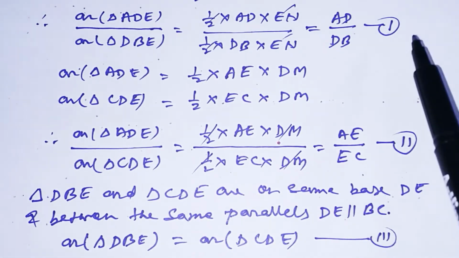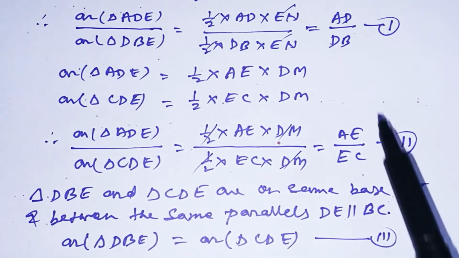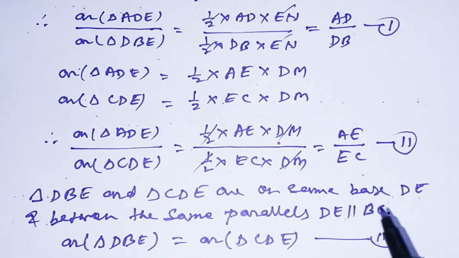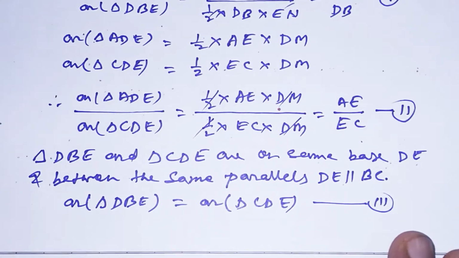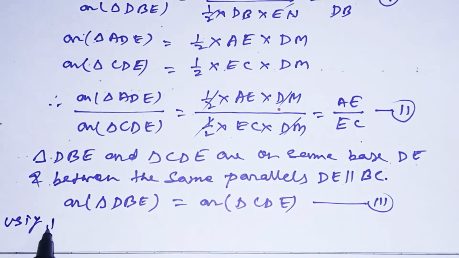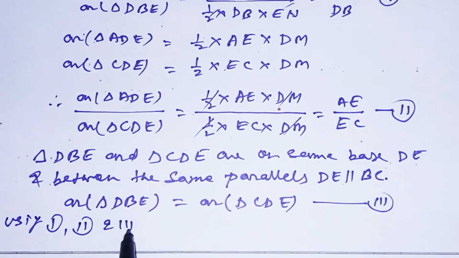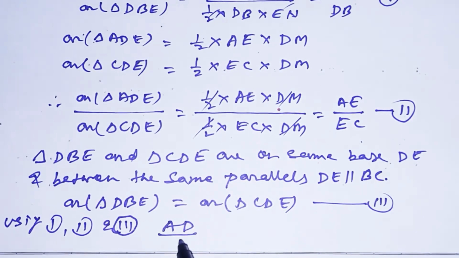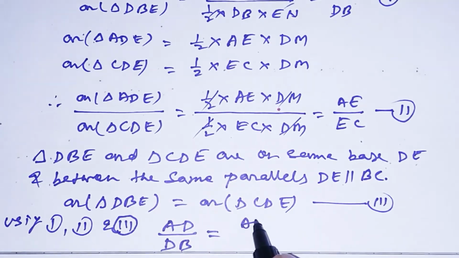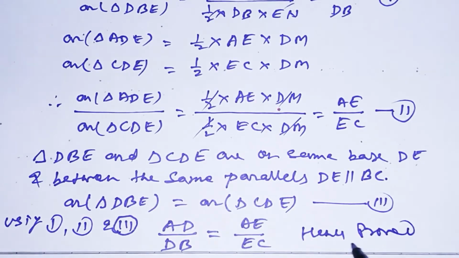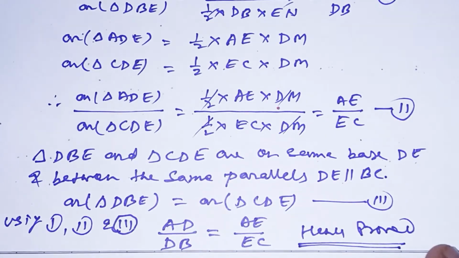Using 1, 2 and 3 together, we can say AD by DB equal to AE by EC, hence proved. So this is the first theorem proved.